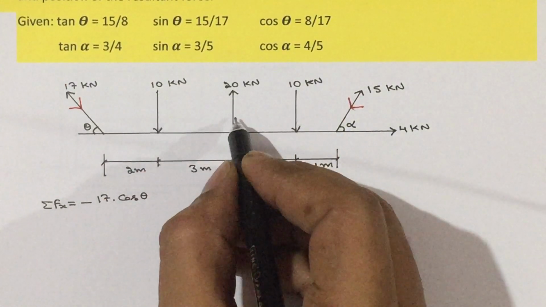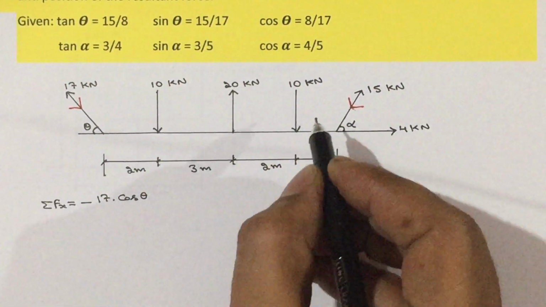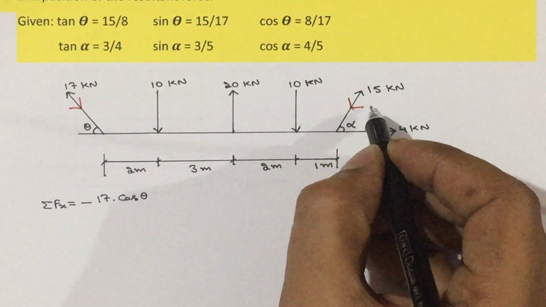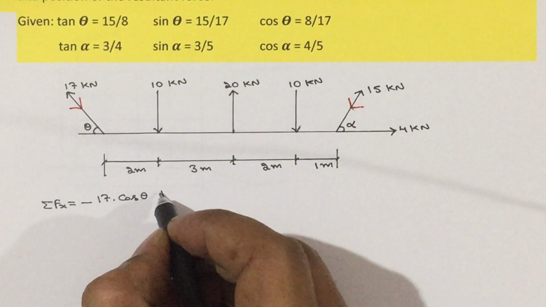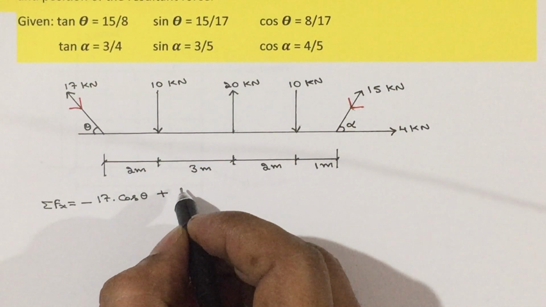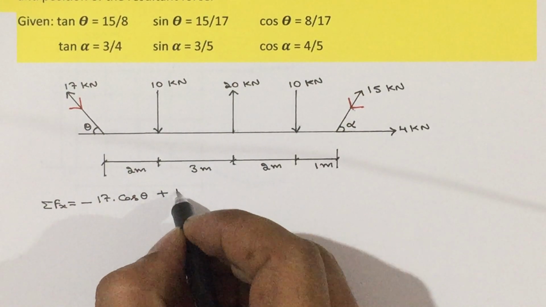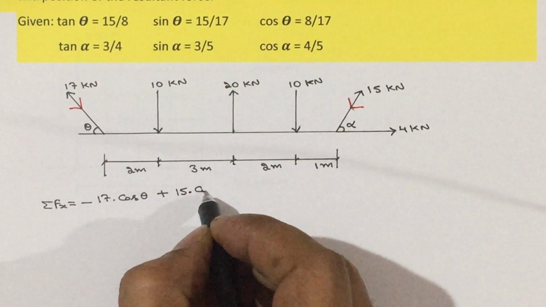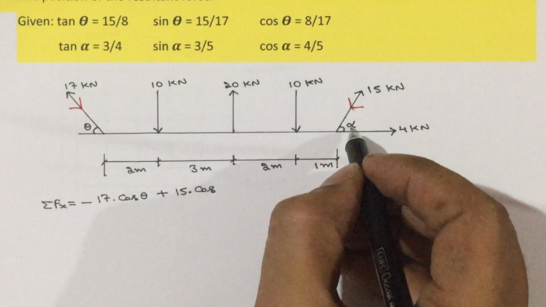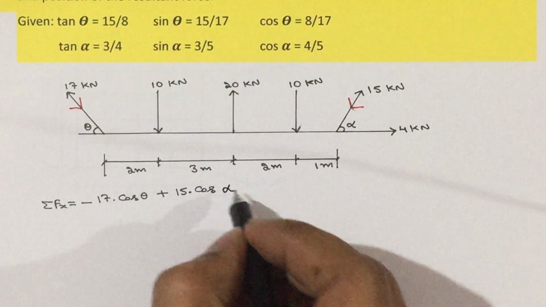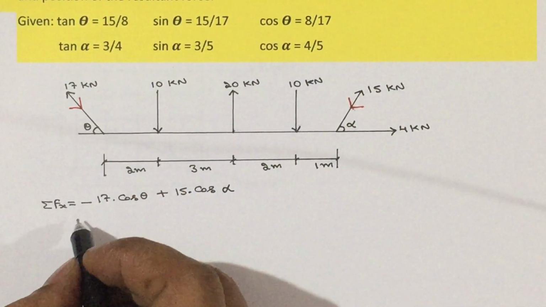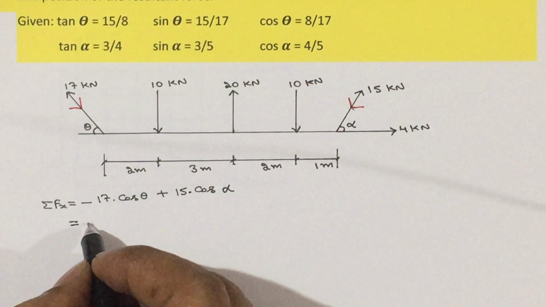Then this is vertical, vertical, vertical, leave it. Then here the horizontal component is moving rightward, so plus, and the component is f cos alpha, that is 15 into cos of alpha. That's all. So substitute the values.